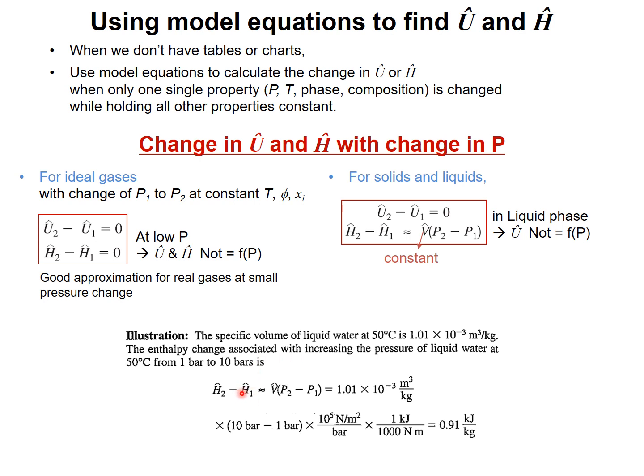But the internal energy should be the same, independent of pressure. So the internal energy term goes to 0, and then the difference can be calculated by the difference in pressure times specific volume. Specific volume is independent of pressure in liquid or solid. So with the specific volume here, and P2 minus P1 being about 9 bar, and then some changes of units, we could calculate the enthalpy change.